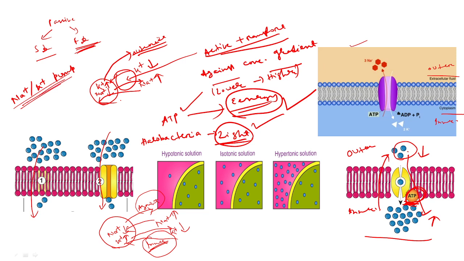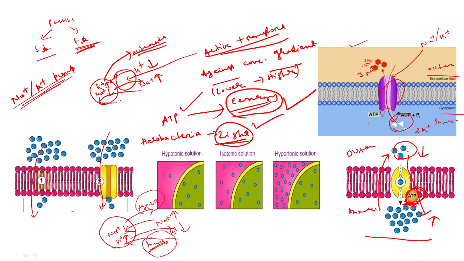Look at this structure. This type of structure is called the sodium potassium pump. And here 3 sodium, 1, 2, 3 sodium molecules are transported from the inner to the outer, and 2 potassium molecules are transported from the outer to the inner, and this is called active transport.